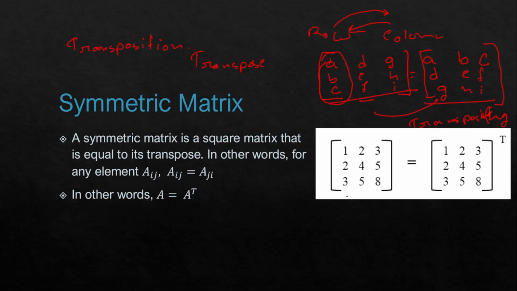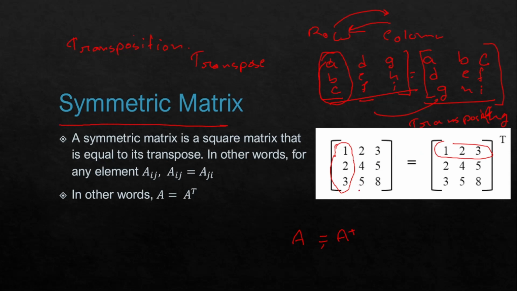If you take a matrix, you transpose it, and it comes out to be the same as before, this will be called a symmetric matrix. That means there's a symmetry between the two matrices. Here, in this example, the first column, we turned it into the first row.